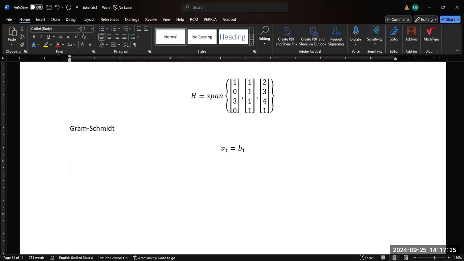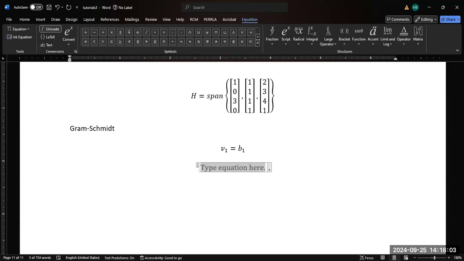But now we want to make sure that the second vector we put in the set is orthogonal to the first one. To do that, we need to project the second vector onto the first vector and then calculate the orthogonal complement in order to extract the perpendicular component of the second vector, so that the 2 vectors we're left with are orthogonal to each other, but they still span the space that the first 2 vectors spanned.